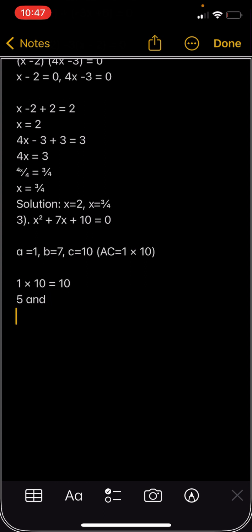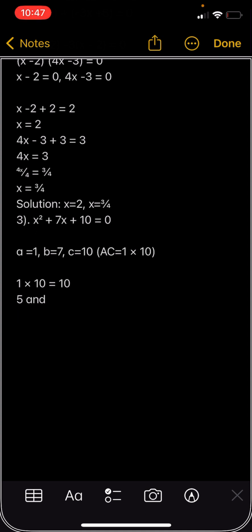Now, we don't need to do what we usually have to do when the leading coefficient is greater than 1. We have to rewrite the left side as 4 terms and group into 2 brackets and factorize. No, we don't need to do all of that.